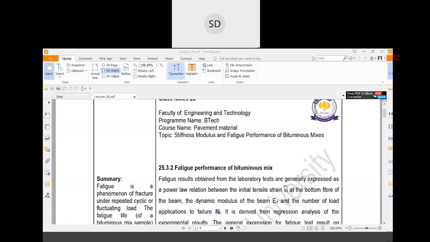One thing you can observe is that it is because of the tensile strain. Tensile strain is generated because of the tensile forces, and it acts at the bottom of the pavement surface. Suppose that is your pavement surface.